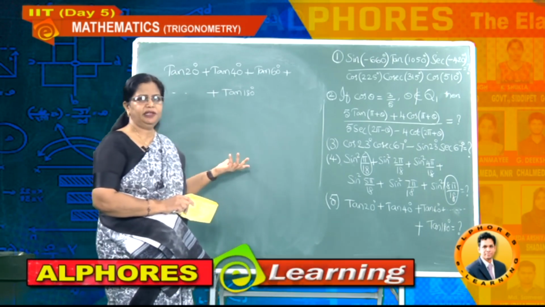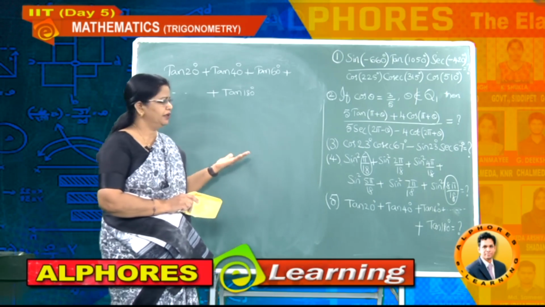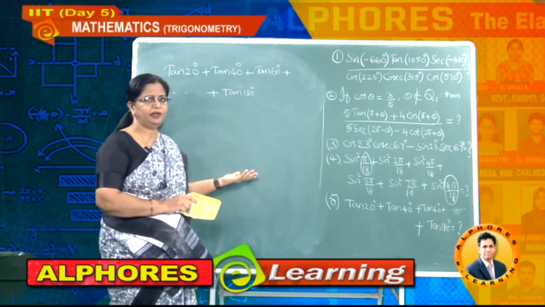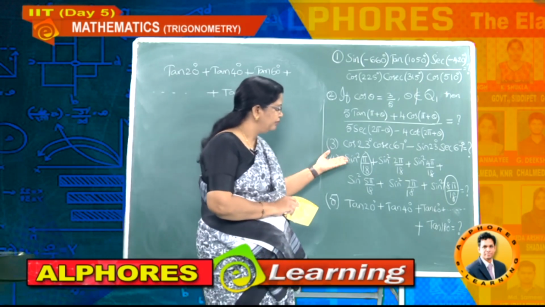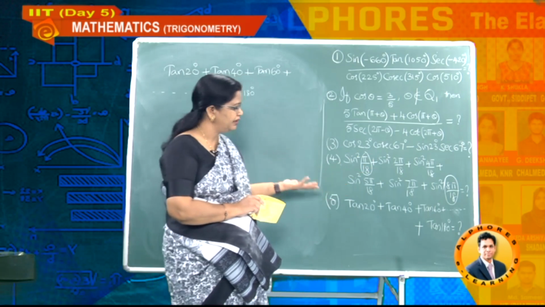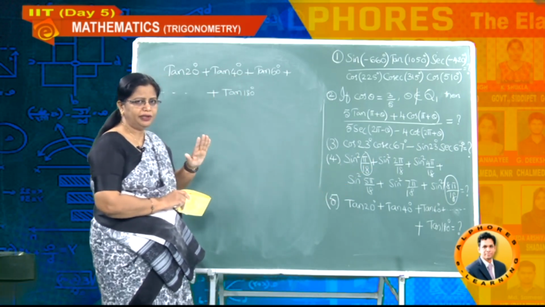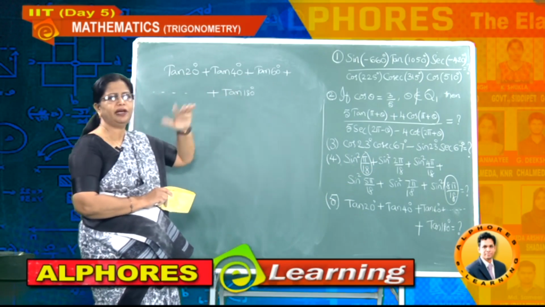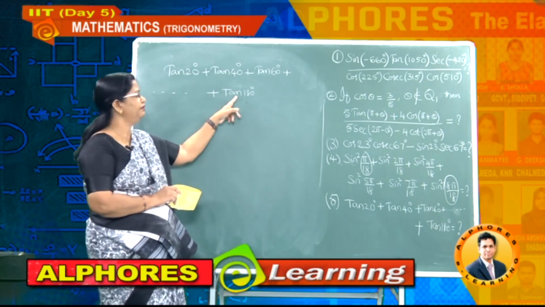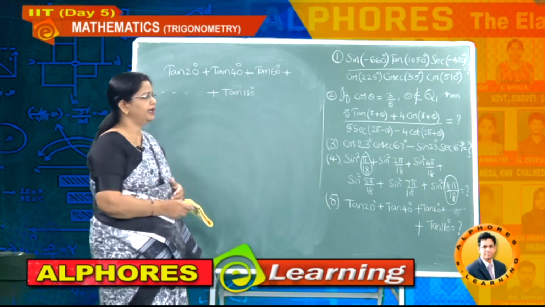But we don't have any relation, it is not coming under either complementary or supplementary. Then you might ask me, just now you said the first term and last term relation is there, but here it is not there. So don't worry. Here let us take the preceding term, because this is a known value, nothing to worry about. Known value 0, you can write directly tan 180.